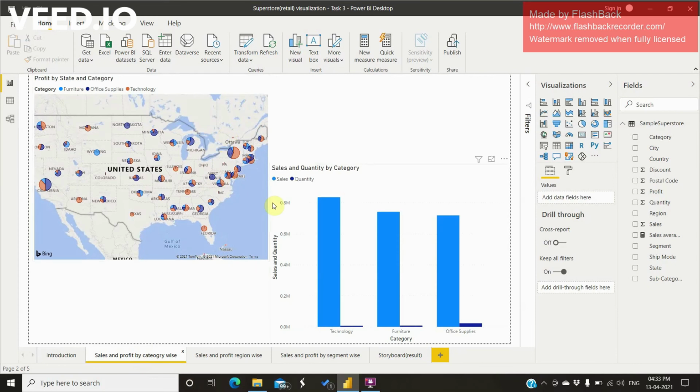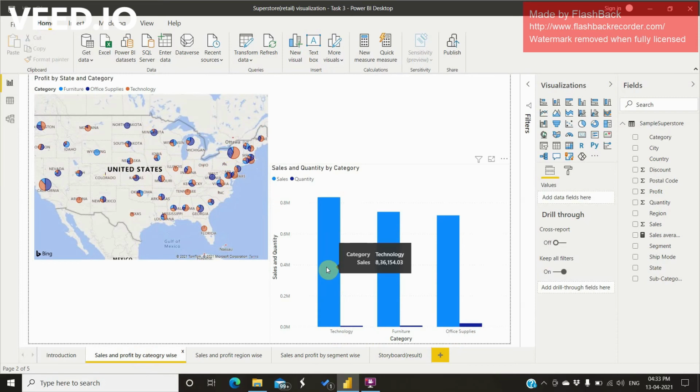So here we are seeing the western parts of USA, and here the three categories, I mean technology, furniture and office supplies. With respect to that, we can see here how many sales and profits occurred.